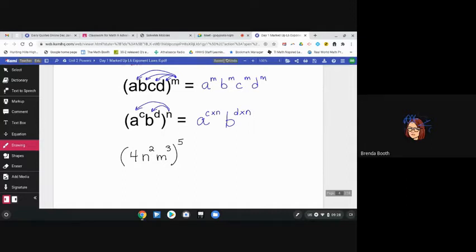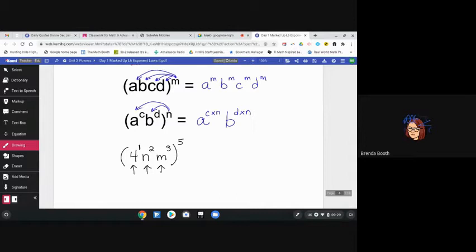So in this product, we have 3 pieces. And that 5 that's on the outside, it applies to every piece that's in there. I want you to remember that the 4 has an exponent. It has that invisible exponent of 1.